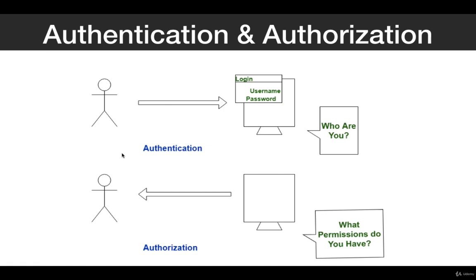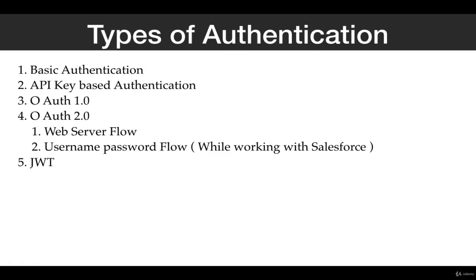Now let's talk about what all authentication schemes are available that we are going to work with throughout the course. The first authentication scheme that we are going to work on is basic authentication. How this works, what its use is, which particular API uses it, and how a third-party system can decode that authentication and get the information that is valuable to them.